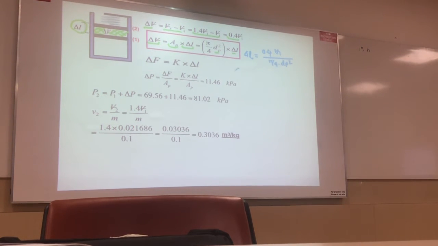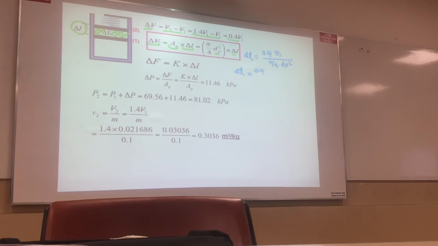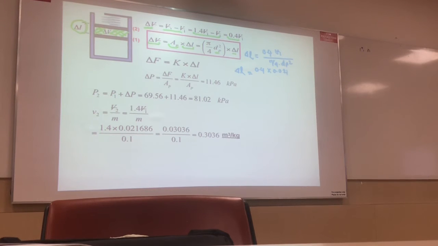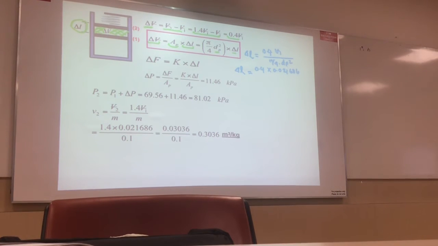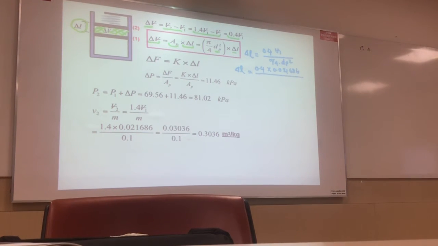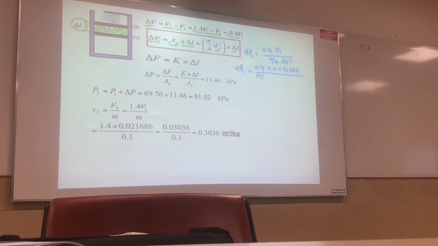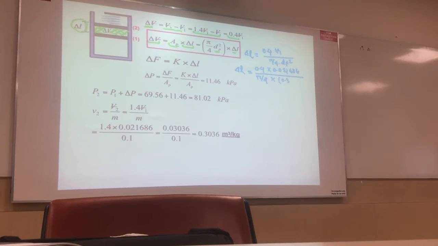Then delta L becomes 0.4 times V1, which is 0.021686, and pi by 4. What is dp? 30 centimeter, right? 30 centimeter is 0.3 meter, squared.